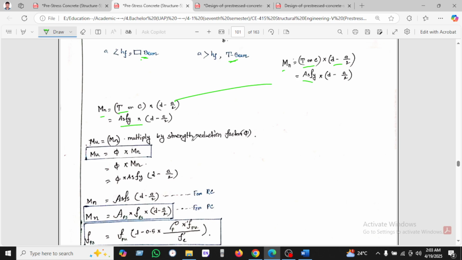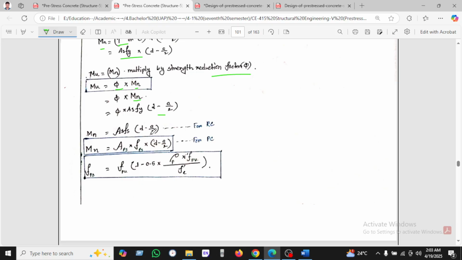For the ultimate moment, multiply the strength reduction factor by M nominal, the nominal strength moment, which we found here as A_s f_y (d minus a by 2). So as f_y (d minus a) for RC, for prestress it is f_ps. And f_ps we can use as 1 minus 0.85 rho f_u into this value.